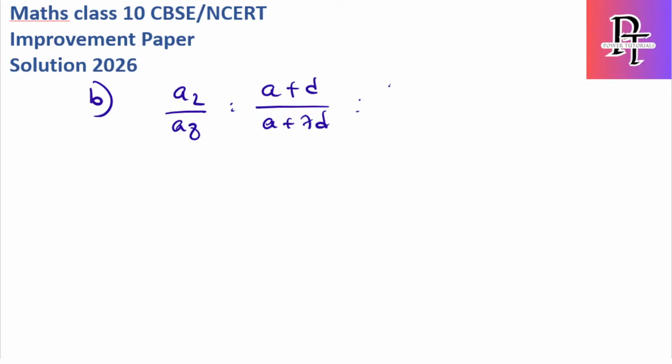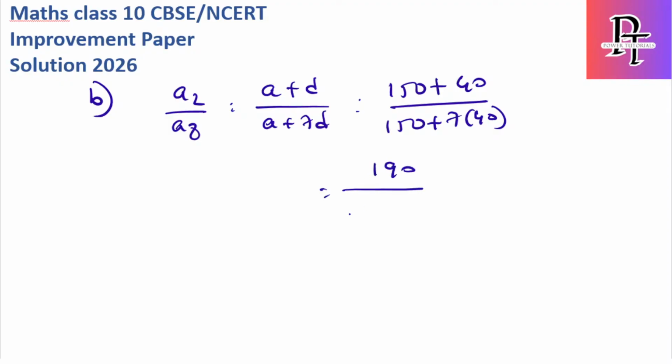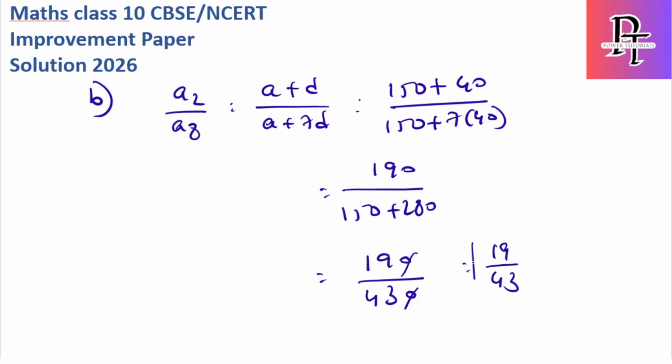So A is 150, D value is 40. So 150 plus 40 is 190 by 150 plus 280. So you'll get 190 by 430. So 0 cancels, hence the final answer is 19 by 43 is the ratio of A2 to A8.